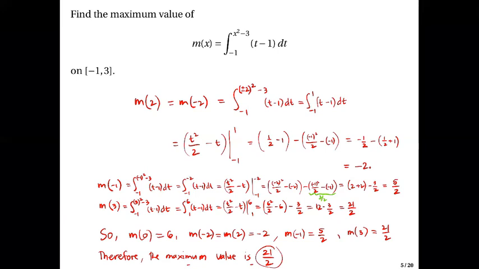But the endpoints are not considered in that first derivative test. So you have to check also the values at the endpoints.